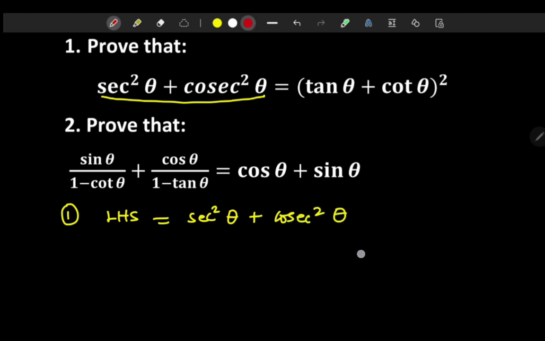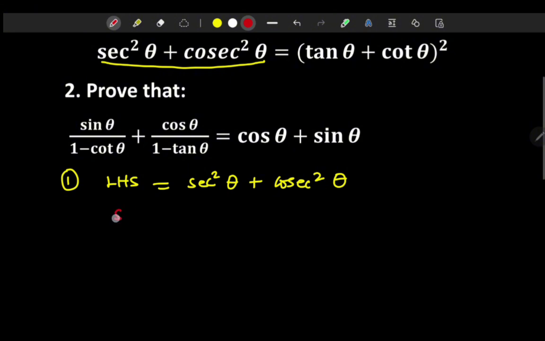Now keep in mind that sec squared theta is a special trigonometric identity which is 1 plus tan squared theta. Then also cosec squared theta is 1 plus cot squared theta.